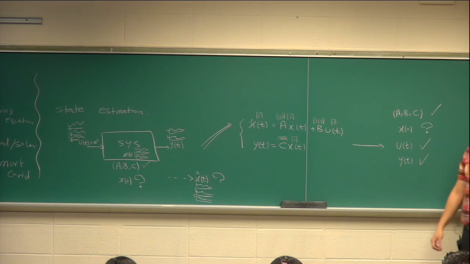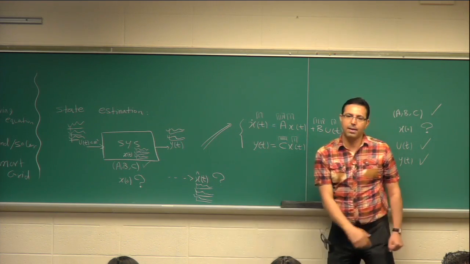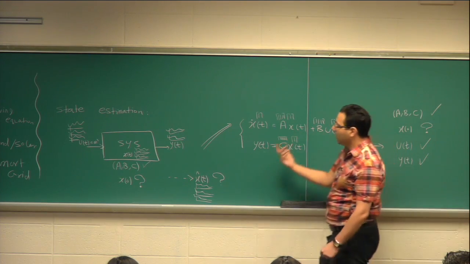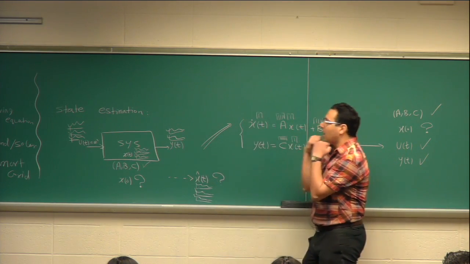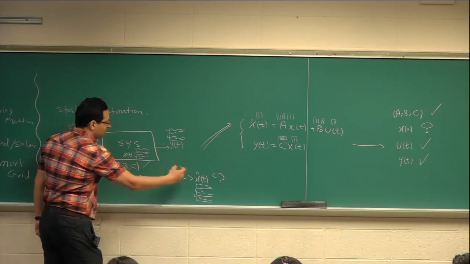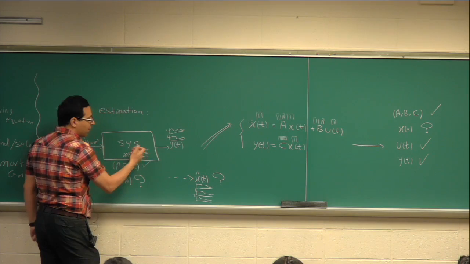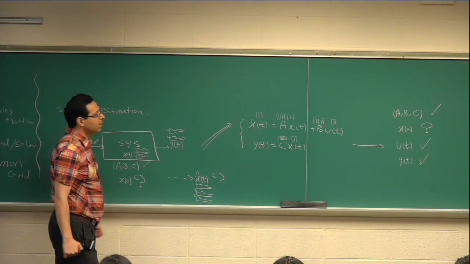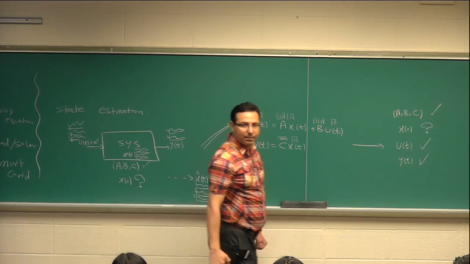Then how can I calculate x of t in real time? We call it a state estimator, and we can call it x hat of t. We cannot find it exactly, but we can find another signal that has some transient. At the beginning, it's very different from this. Over time, it gets closer and closer to this signal. So any idea?